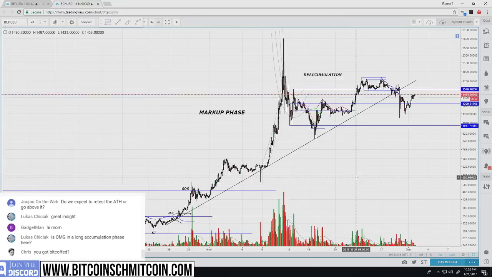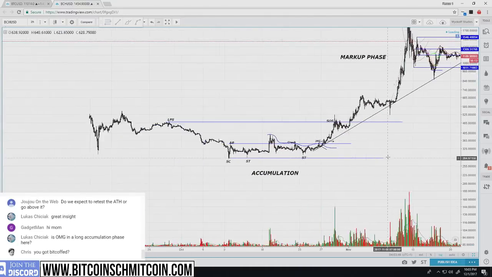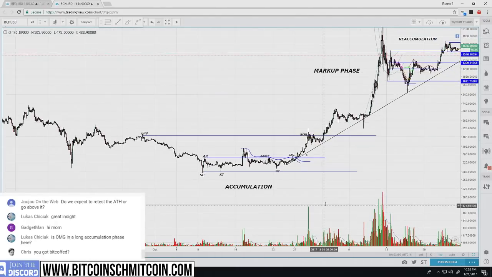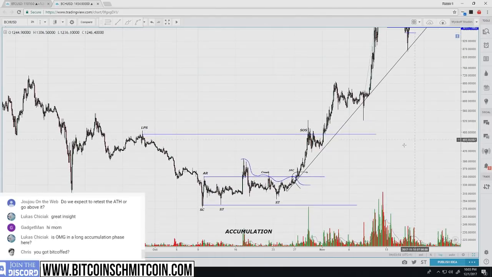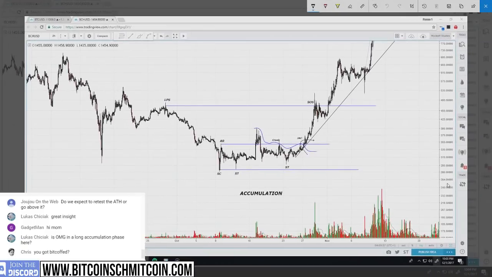If we look at the past for Bitcoin Cash, we see it went through this accumulation phase right here, very similar to what EOS looked like, but this is Bitcoin Cash's version of it. So we see the last point of support, it goes down, selling climax, automatic reaction, secondary test of the trading range.